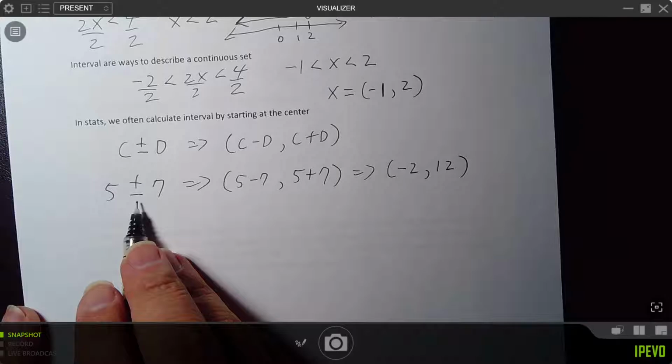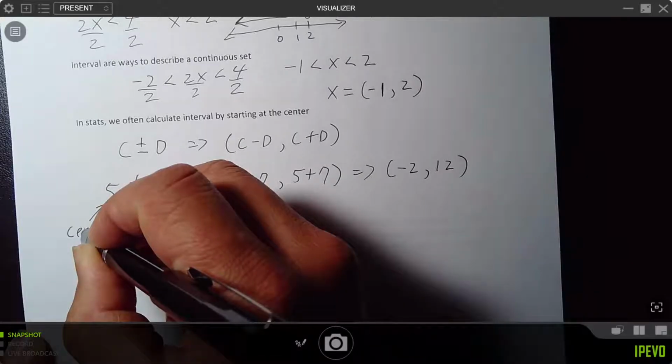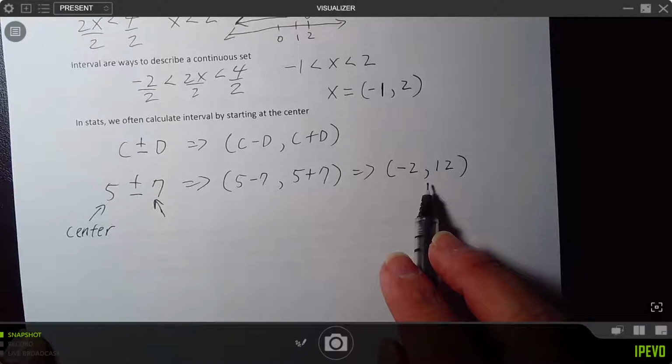Now, how is this helpful? Well, this tells me my center. So this is an interval centered at 5. And this is my width, or more specifically, half the width. Because if you notice, what's the total width of this interval? Well, it's 7 plus 7, so this is one half the width.